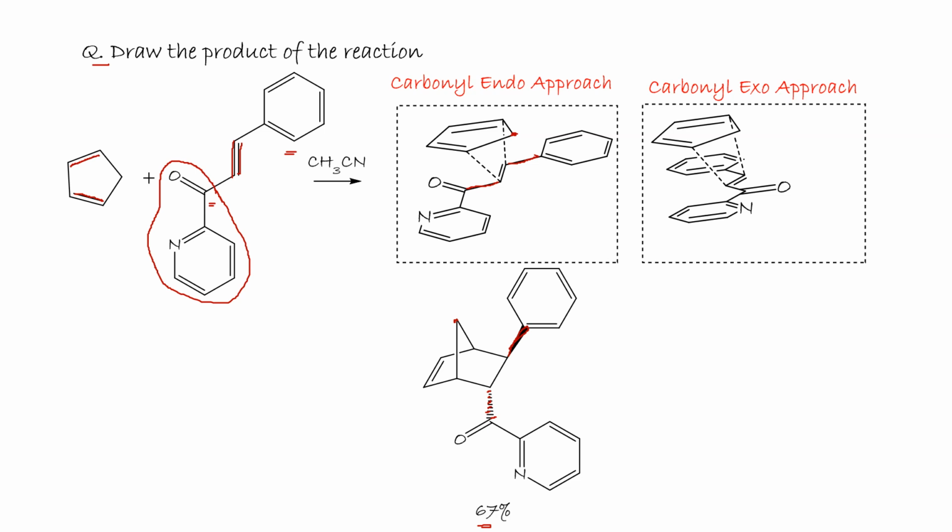If the carbonyl is exo, so the double bond in here, and this is exo, and the phenyl is endo, then we end up with that this is exo, so it's up, and the phenyl is endo, so it's down, and this will be minor, 33% yield.